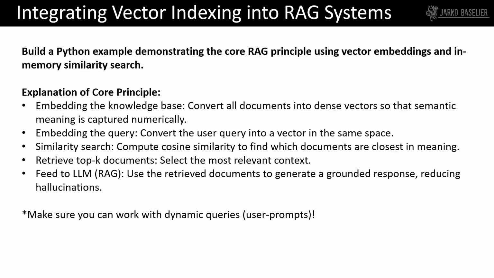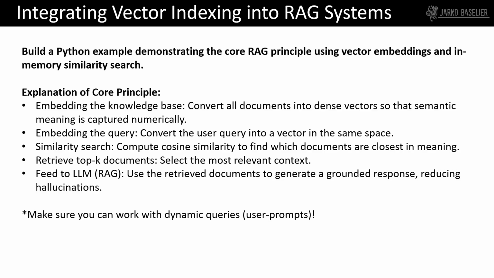So then we are going to build a Python example demonstrating the core RAG principle using vector embeddings and in-memory similarity search. So the code you are going to see, the core principles here are embedding the knowledge base. So we have to convert all documents into dense vectors so that semantic meaning is captured numerically. Embedding the query, we will convert the user query into a vector in the same space.